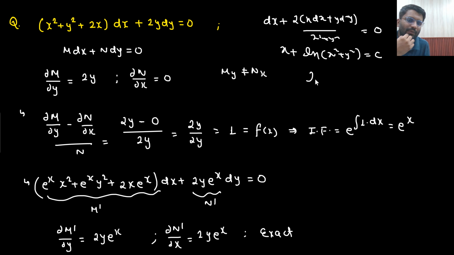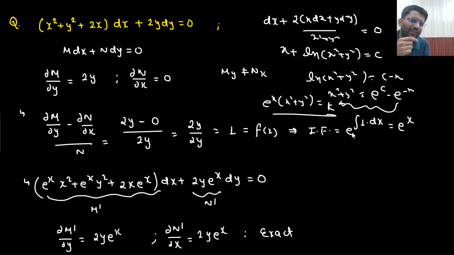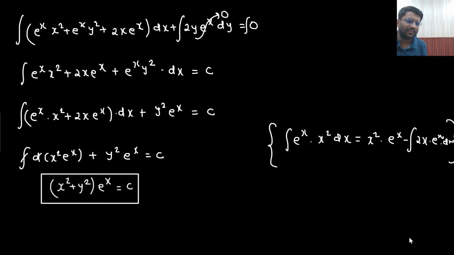This is constant, no? So what I can do is that ln of x square plus y square equals c minus x, right? If I take this ln this side, what will I get? x square plus y square equals e to the power c times e to the power minus x. Now this e to the power minus x will come this side. So what answer are we getting? e to the power x times x square plus y square equals e to the power c, which is a constant. So yes, this is the answer that we are getting. Same answer we are getting.